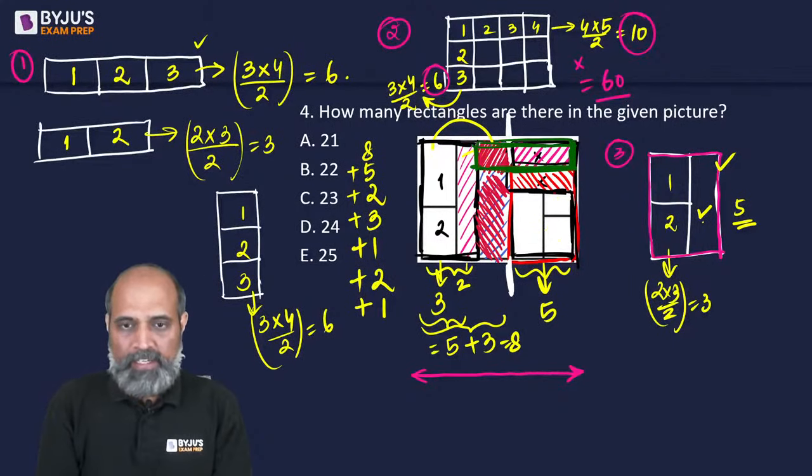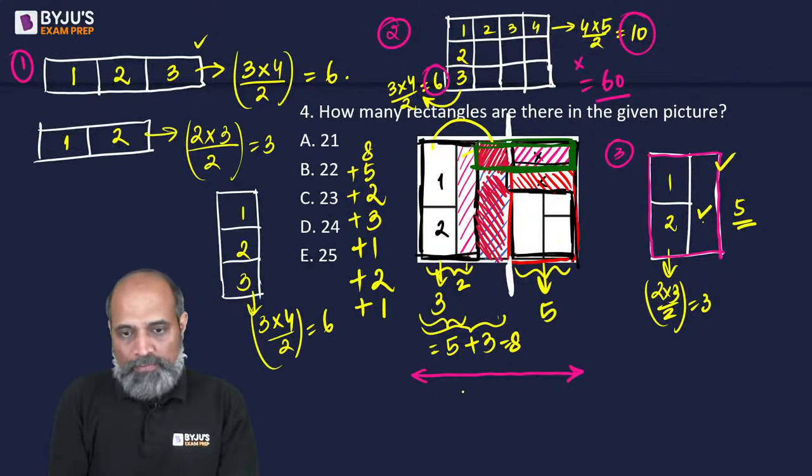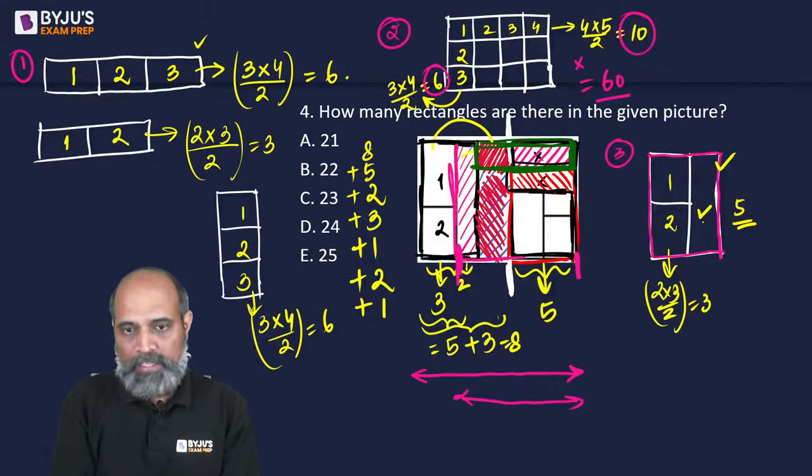Are we missing any rectangle? So we have 1, 2, we have 3, 4, 5, 6, 7. ठीक है. We have to calculate this rectangle from here until here. ये वाला rectangle count नहीं करा है. See this particular rectangle.